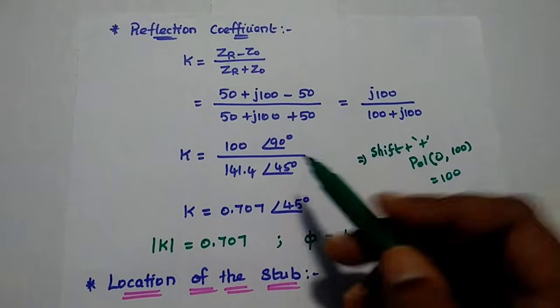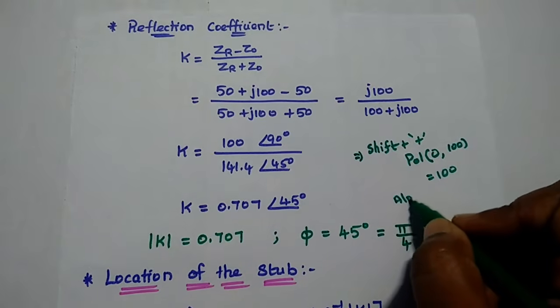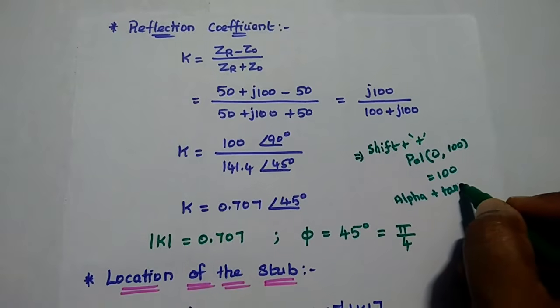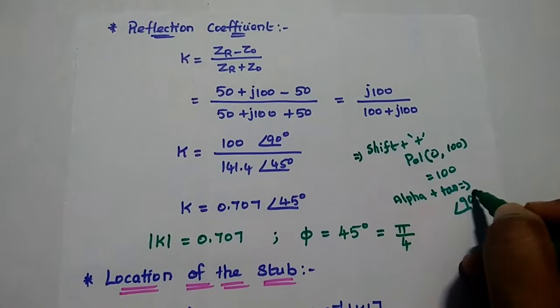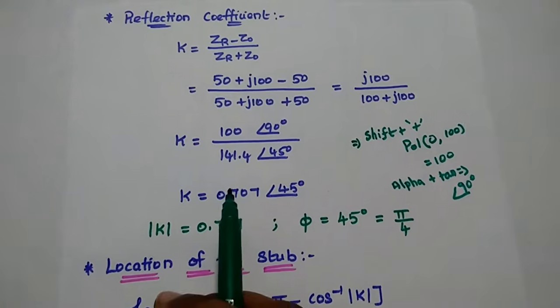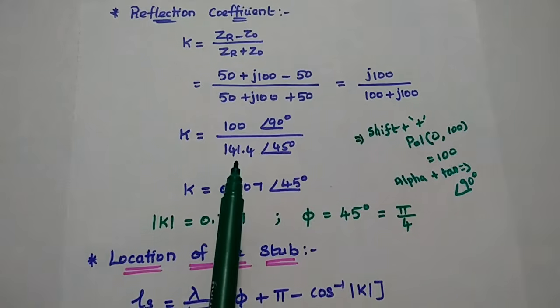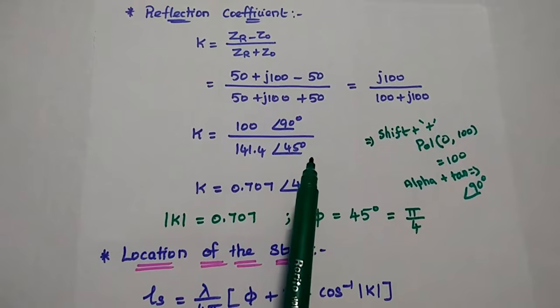For getting the phase, we can use the alpha key. Alpha plus tan, then press equal. We get the angle as 90 degree. Similarly, we can get the value for the denominator. That value is 141.4 with phase 45 degree.